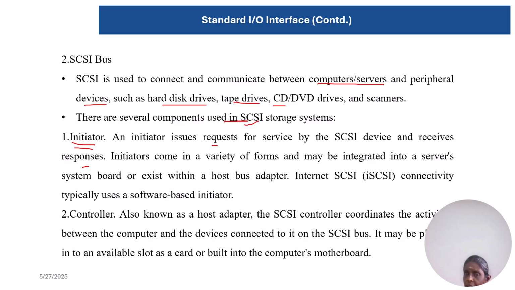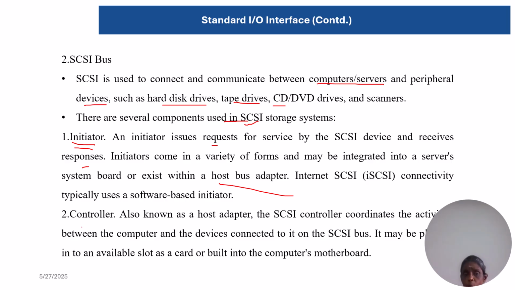Initiators come in a variety of forms and may be integrated into the server's system board or exist within the host bus adapter. Internet SCSI is also available; this connectivity uses a software-based initiator, whereas previously it was a hardware initiator.